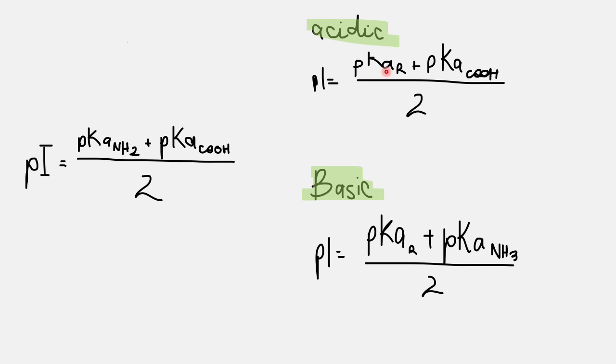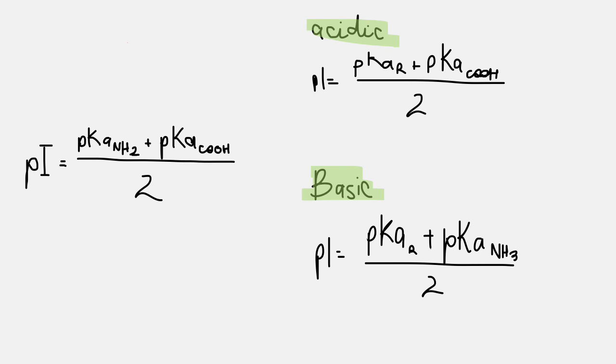For acidic amino acids, so this includes our glutamic acid and our aspartic acid, our pI is equal to the pKa of our side chain plus the pKa of our carboxyl group over 2. For basic amino acids like our histidine, lysine, and arginine, the pI is equal to the pKa of our R group plus the pKa of our amino group over 2.